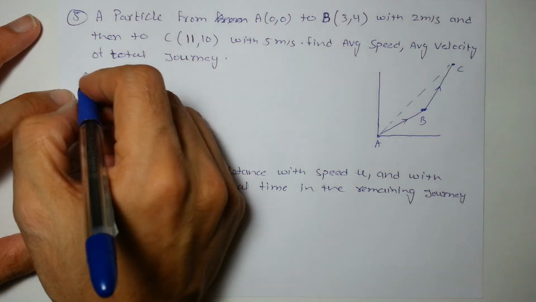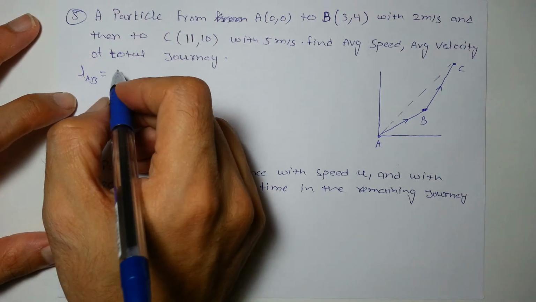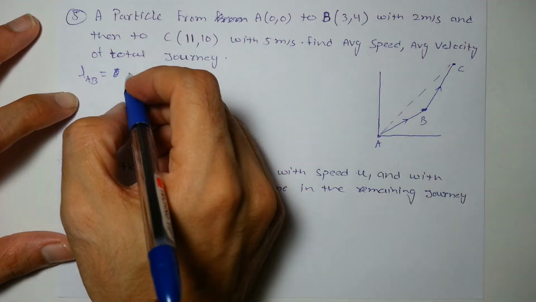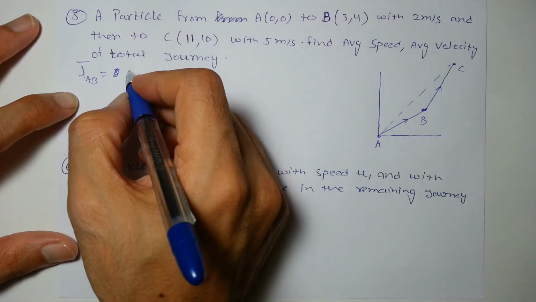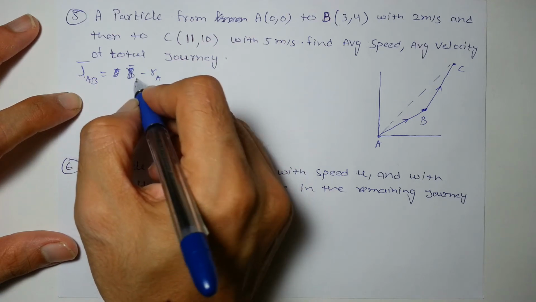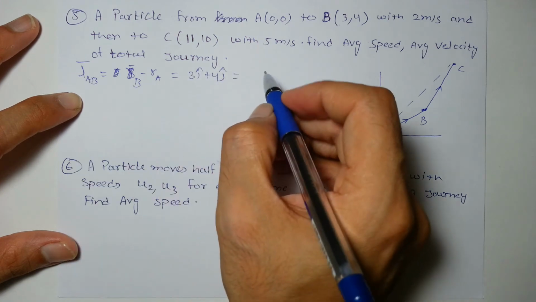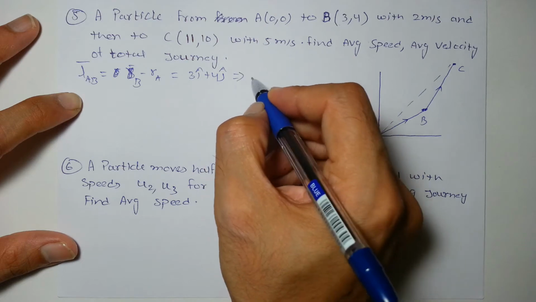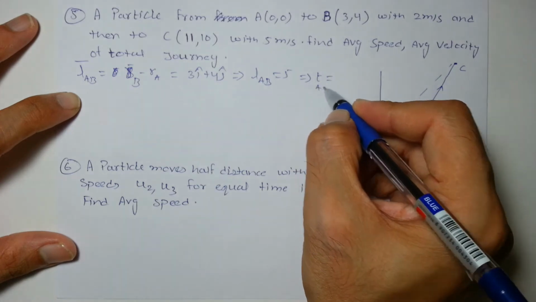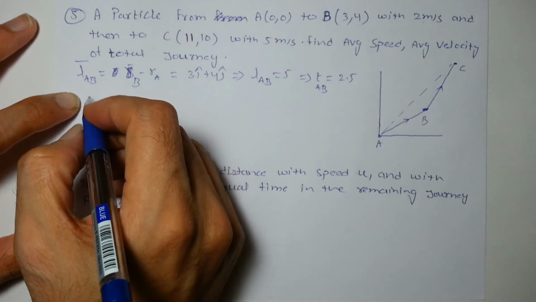So what is the length of AB? The length of AB is nothing but 5 meters. How did it come? LAB means position of B minus position of A. RB minus RA comes out to be 3i plus 4j. If we find the magnitude, that is 5. So the time taken will obviously be 5 meters at 2 meters per second, 2.5 seconds.